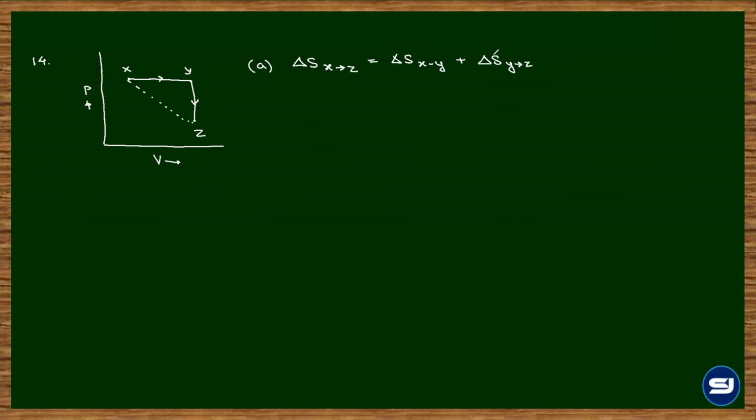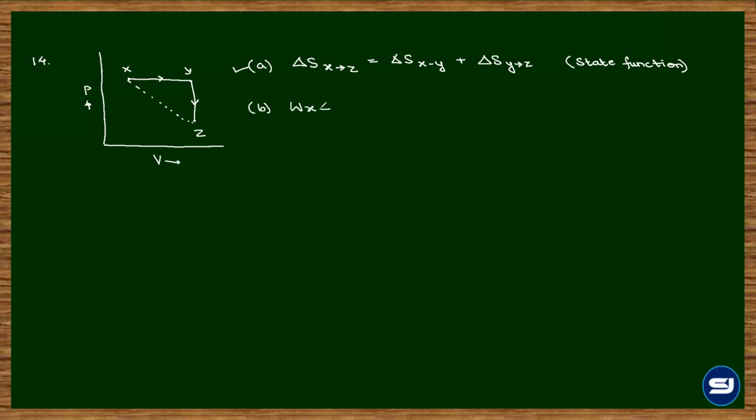Because entropy is a state function, so it doesn't depend on the path. State function means it just depends on the initial and the final state. Whether you go from X to Y, Y to Z, or from X to Z, the entropy change is going to be the same. So that's valid.